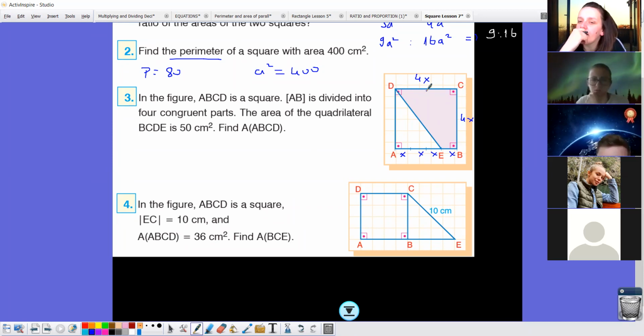We can find the triangle. 50 plus the area of the triangle, yes, but how will we find the area of the triangle? Here we don't know the size. Yes, Alexander? 4x times, it will be 45, teacher, one side of the triangle. BC of the triangle? Yes. How do you mean 45?